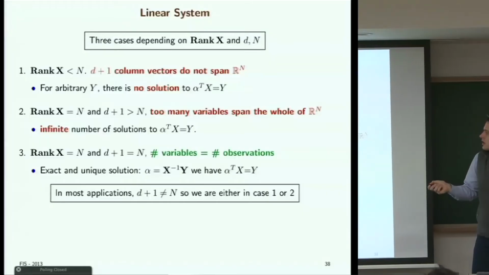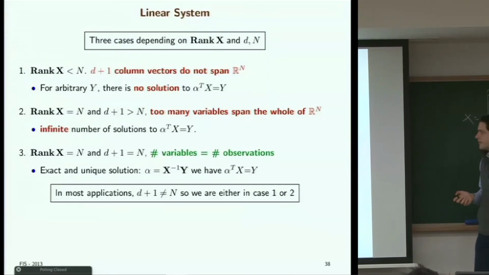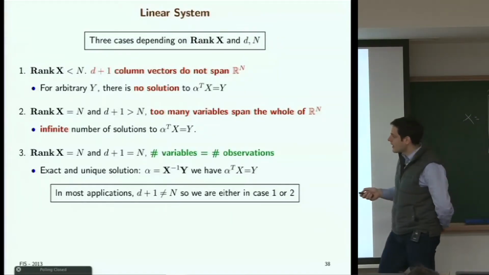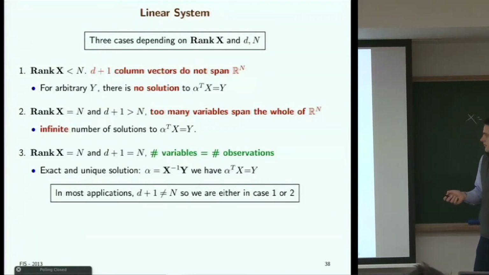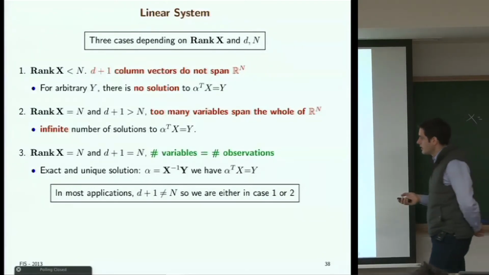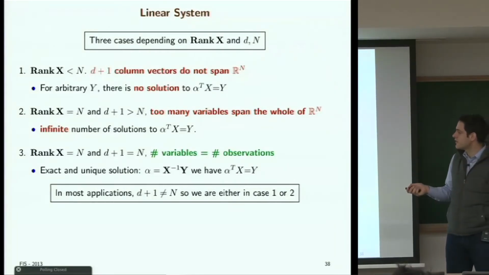But this is the first condition which really matters. Is the rank of my variables smaller than n? Is the rank of my variables exactly equal to n? And if I have too many variables, then in that case it's a pathological case. There is an infinite number of solutions to alpha transpose x equals y.